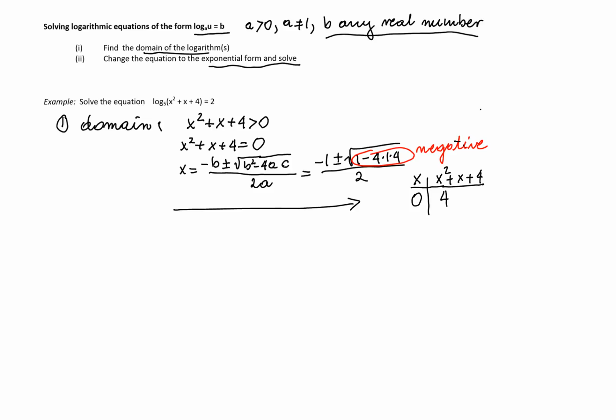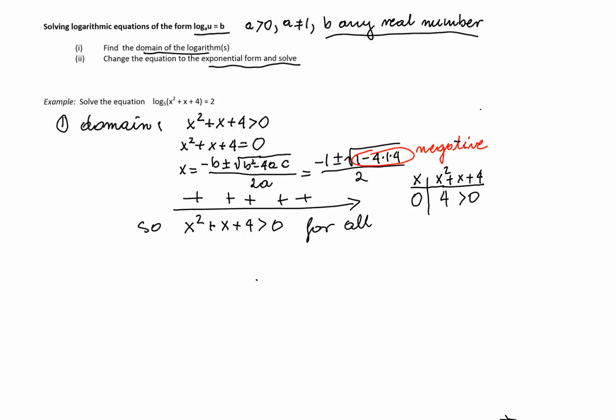The value of the expression is 4, which is positive, and that means that x squared plus x plus 4 is always positive. So the solution, or the domain, is the set of all real numbers.